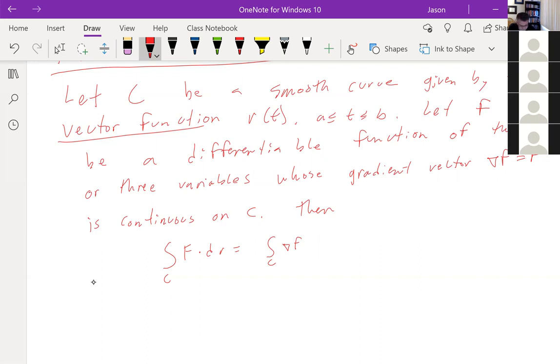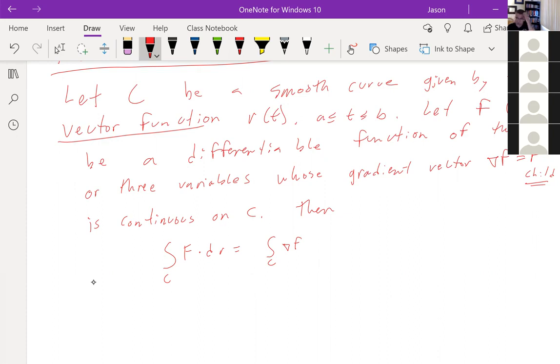And so F is going to be the gradient of some other function. We might call that the parent function, and this guy is the parent and this guy is the child, because if we do a partial derivative on the parent function, we will get the child function.